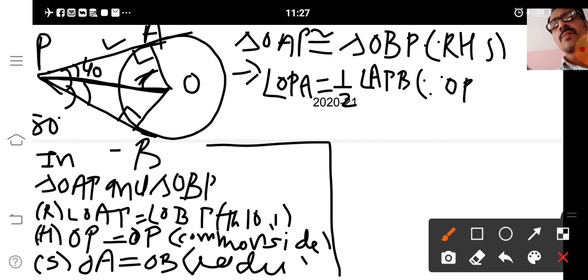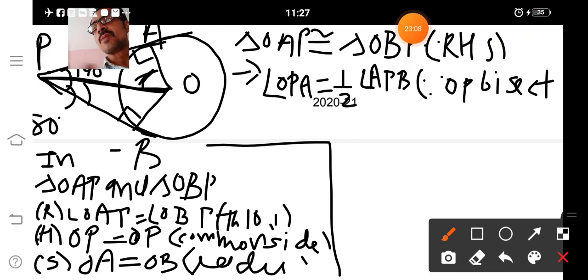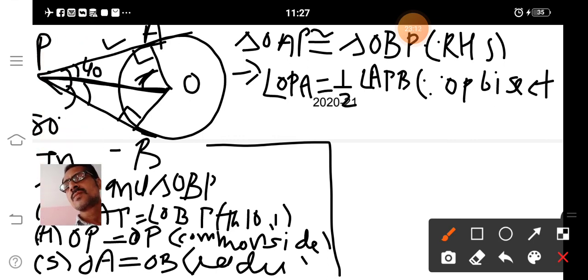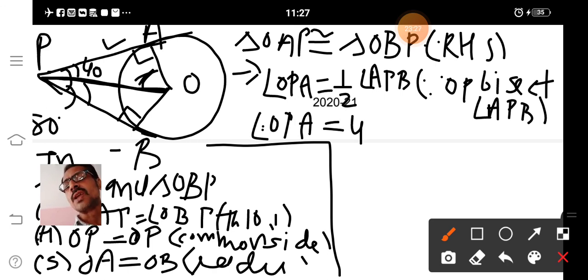OP bisects angle APB. Simple. So angle OPA will be how much? 40 degrees.